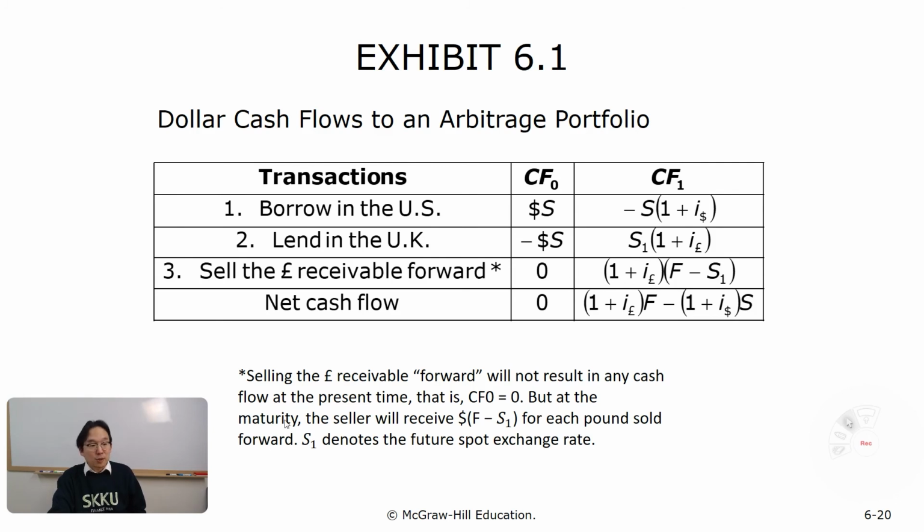But at maturity, the seller will receive F minus S1 dollars for each pound sold forward, okay? And that depends on the interest rate in British pound over here. Now, S1 denotes the future spot exchange rate.